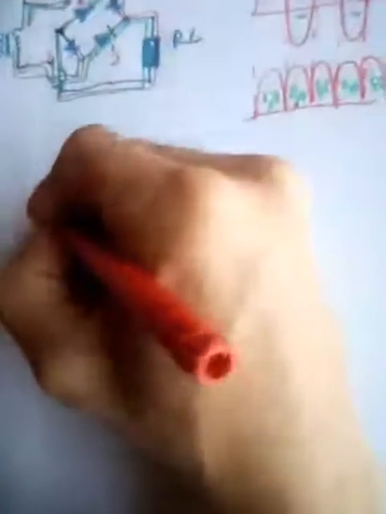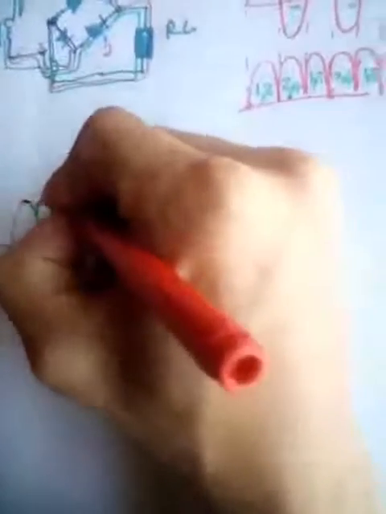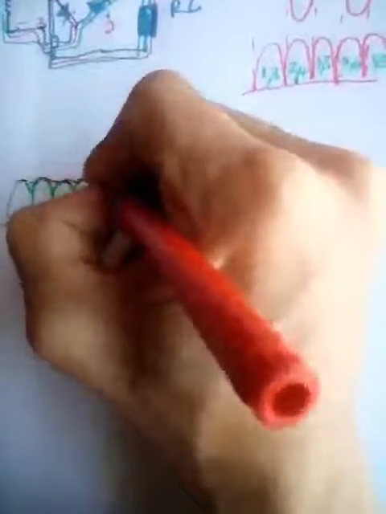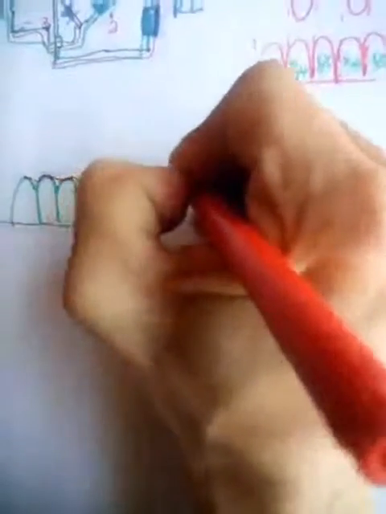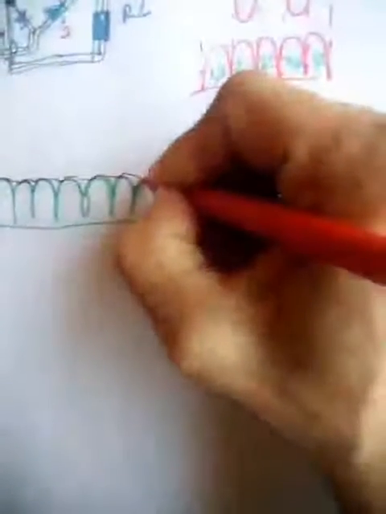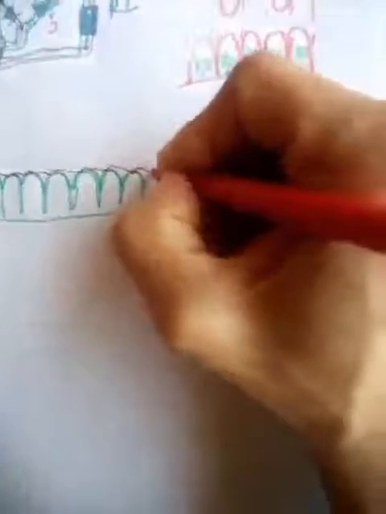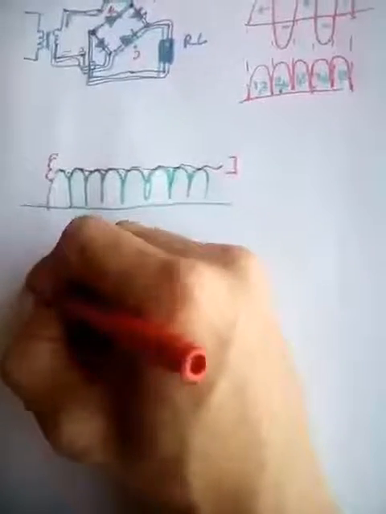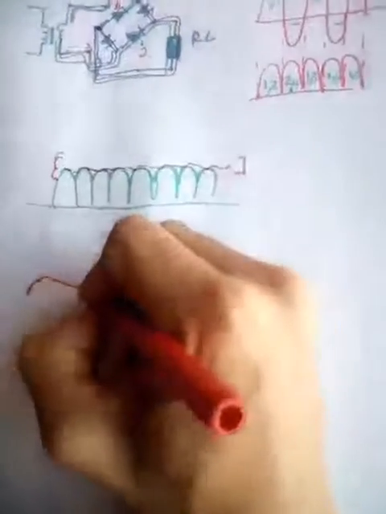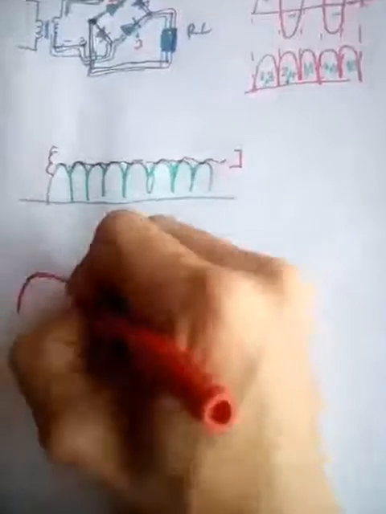The smoothing capacitor will smooth it out, it charges and recharges, charges, recharges the whole time until, if you look closely at this part here, until that part, so it starts like that.